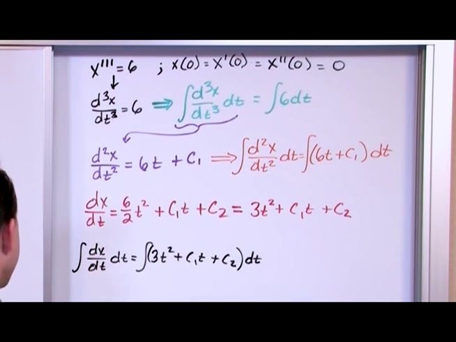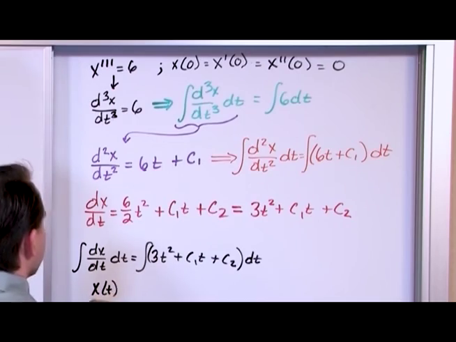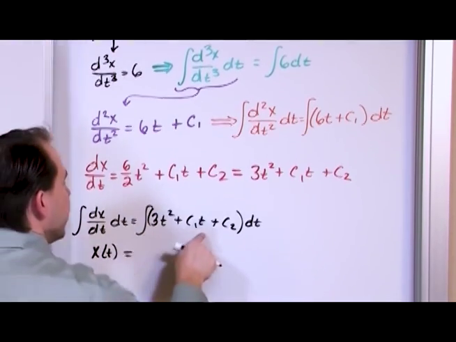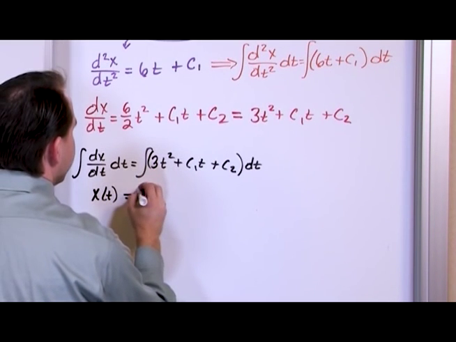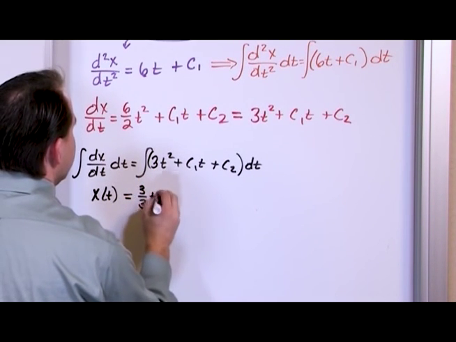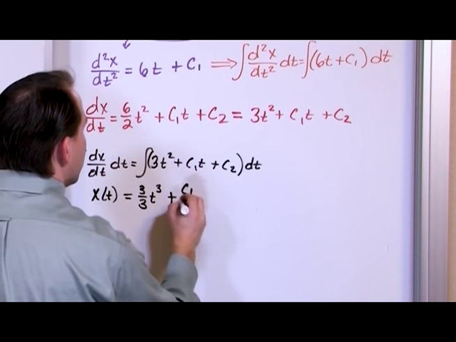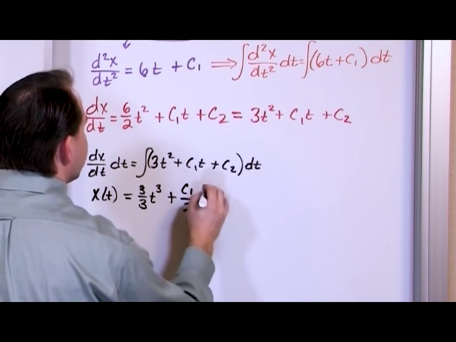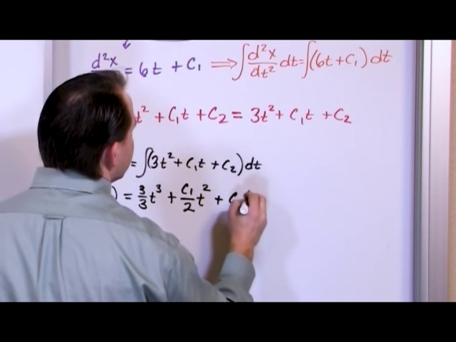And so what we're going to have right here is just x of t, because we're taking the integral of this derivative. And here it's another nice polynomial. These are not terribly hard to integrate, so it's going to be 3 over 3 t cubed, right? And then here is going to be c1 over 2 t squared, because that's a function of time there, plus c2t.